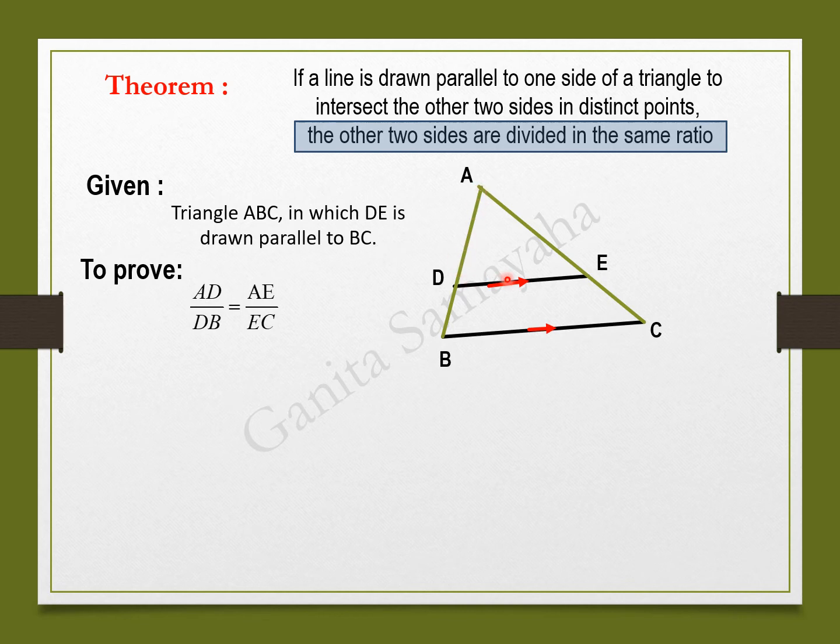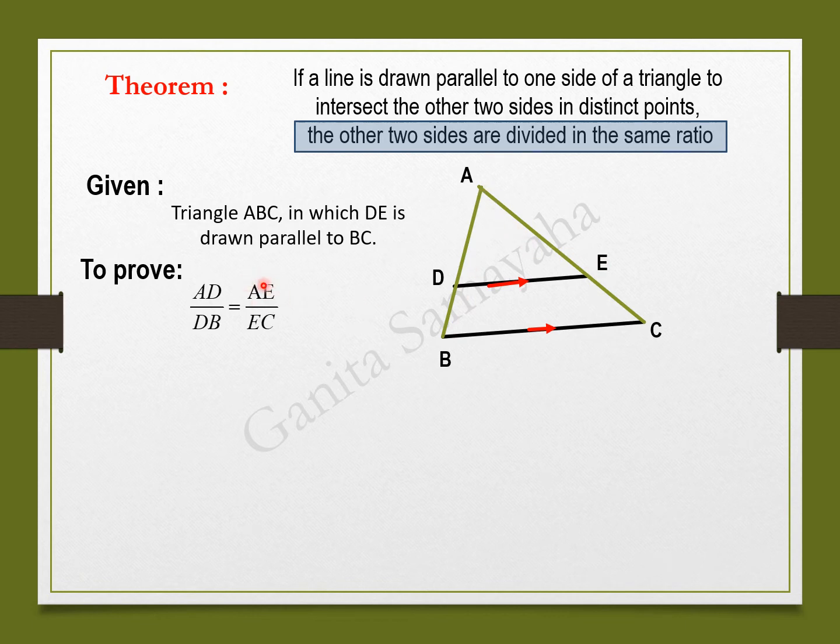So, when I consider triangle ADE, I will consider AD as a base. Then I require a height. Isn't it, children? Height must be a perpendicular drawn from the opposite vertex to this base AD. So I will do that as a construction. I will draw some line from E perpendicular to AD. Similarly, I can also have AE as a base.